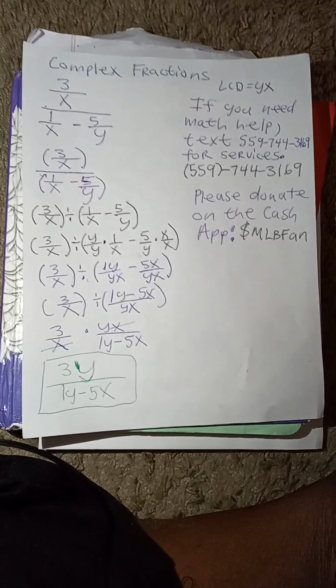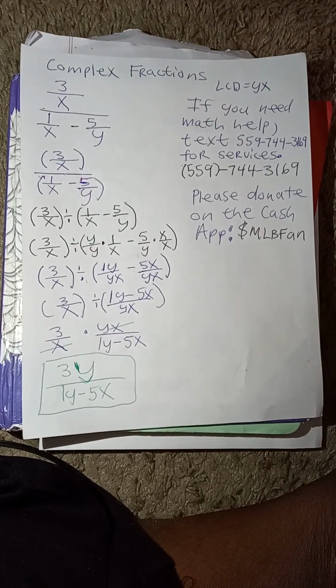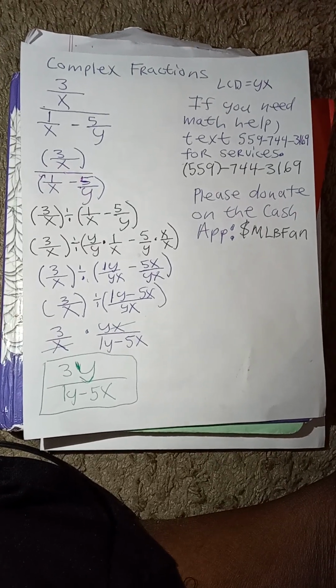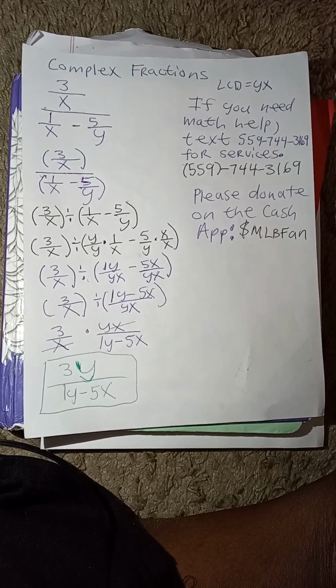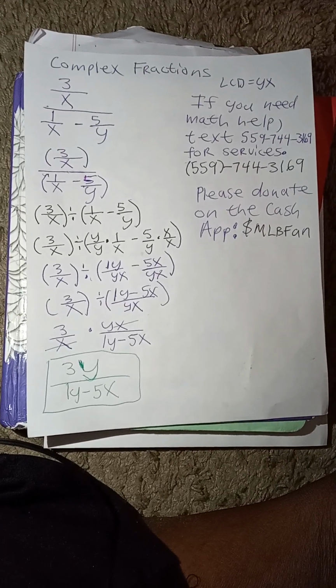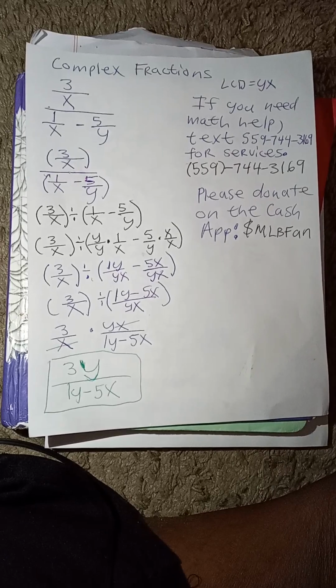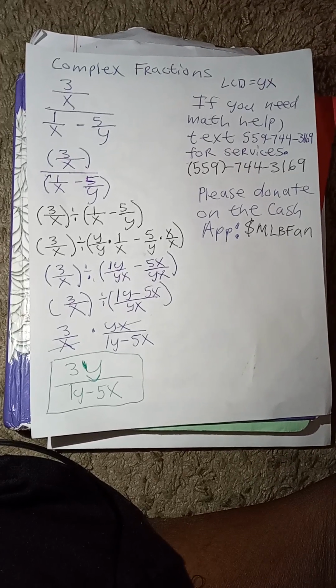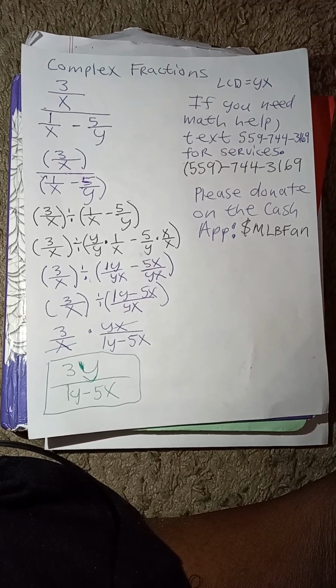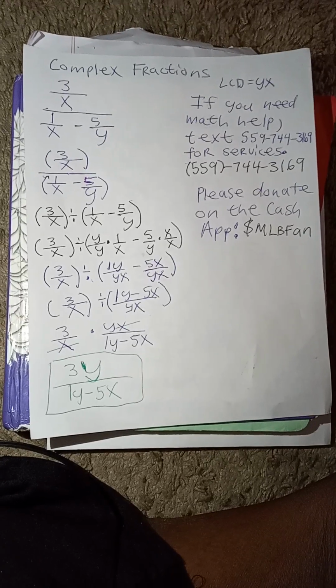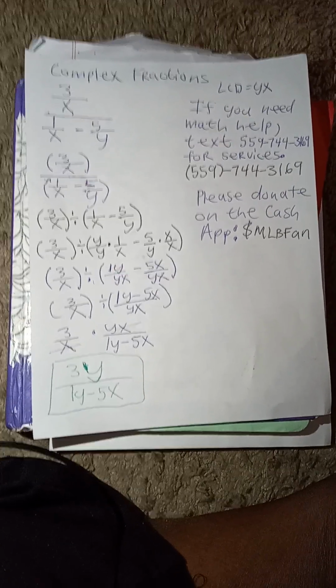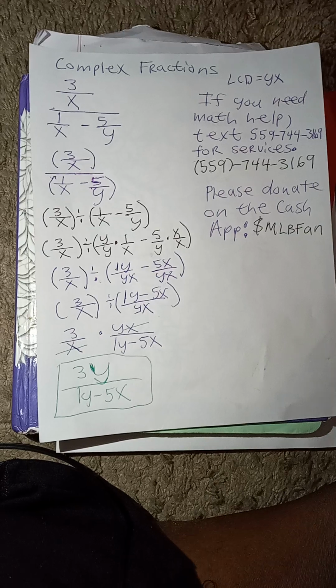So now that the denominators are the same in the denominator, we can bring this together. So 3 divided by x, divided by 1y minus 5x divided by yx.